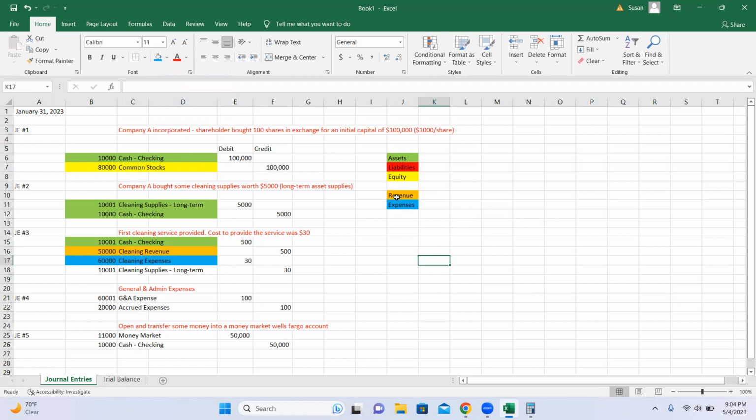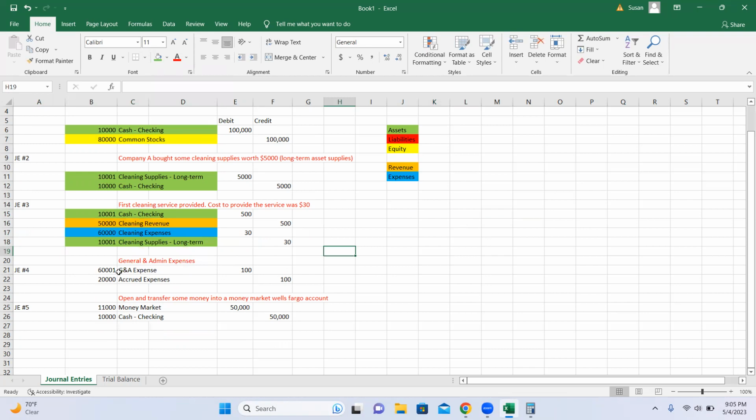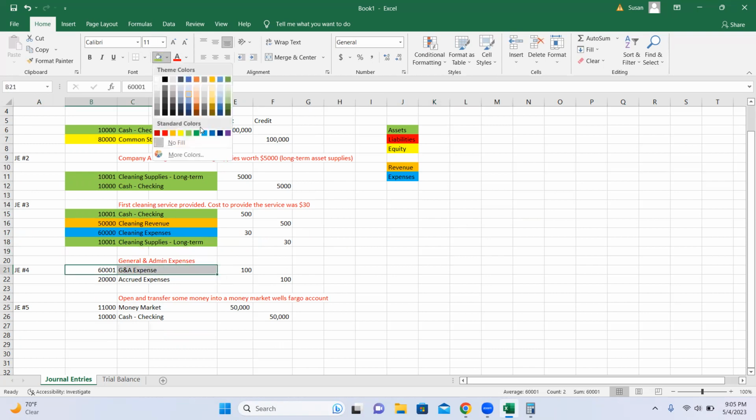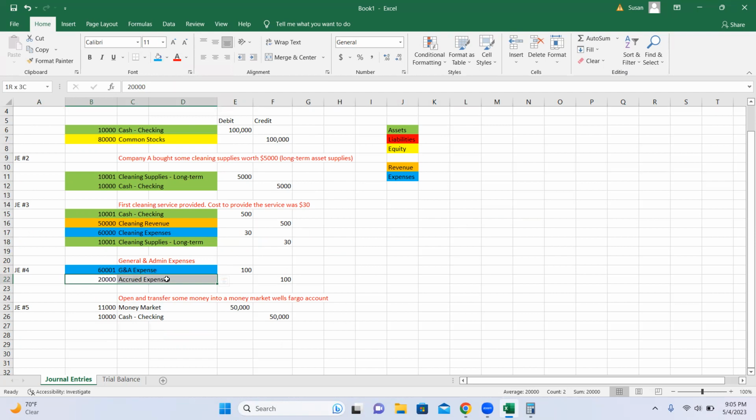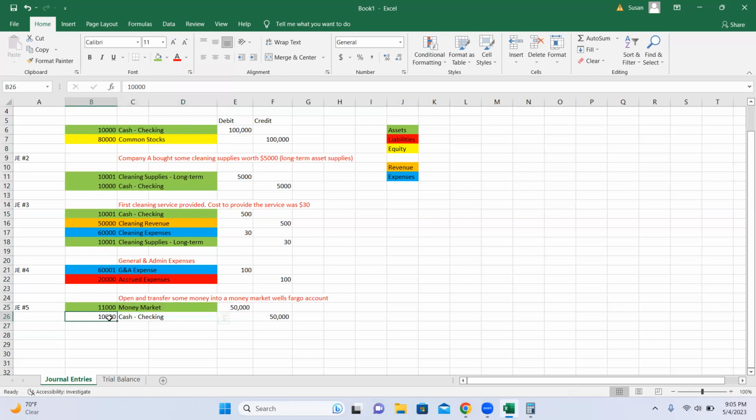So basically anything that changes your equity is your revenue and your expense. And cleaning supplies, asset, general admin is an expense. Accrued expenses is a liability because you have to pay someone back the bills, if you recall earlier. The money market is an asset, and then the cash is an asset.